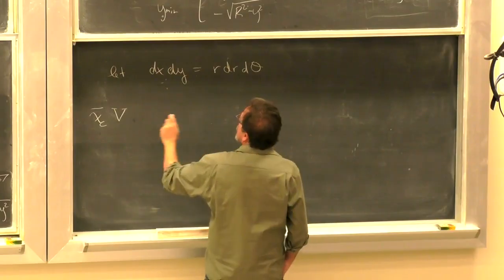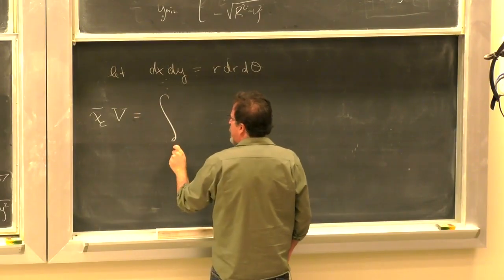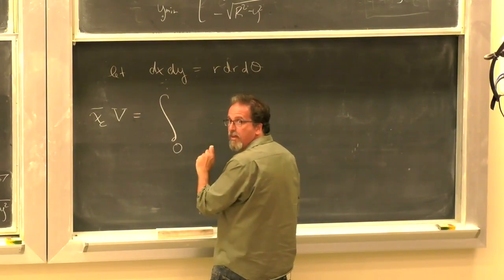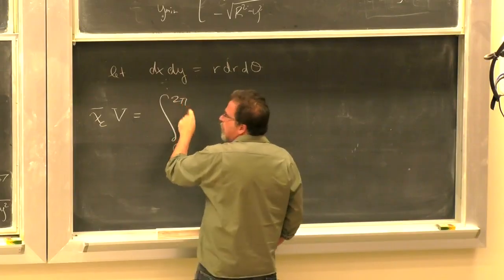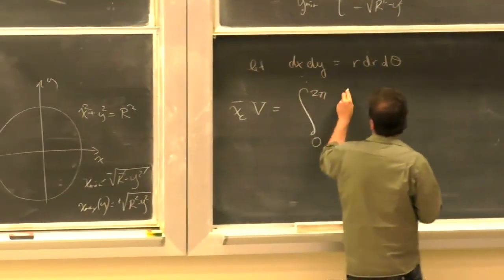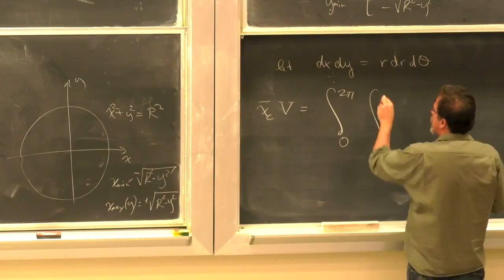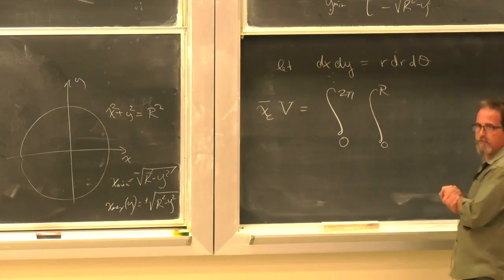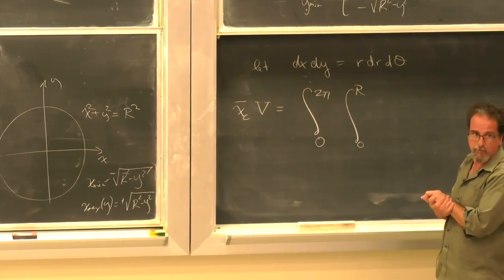The left-hand side is still that. Now I have to go from θ min to θ max. Well, θ min is 0. θ max is equal to 2π, right? You're going around this whole disk. R min is 0, because you're right at the origin, and R max is capital R, the radius of the sphere, the radius of this disk.